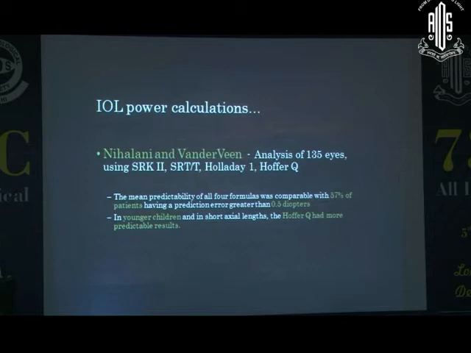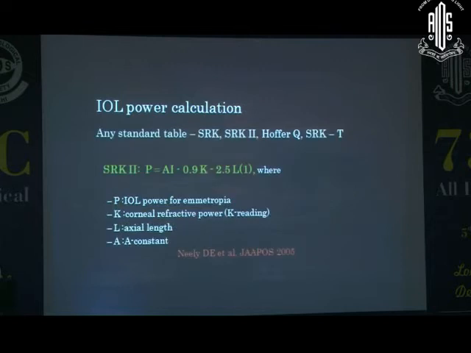In this particular study, they used all four and compared. The mean predictability was comparable, and in younger children with shorter axial length, Hoffer Q seemed to have better predictable results. So it's always still a contradiction as to which formula is really standard. SRK II, Hoffer Q, SRK/T, all of them can be used in children.